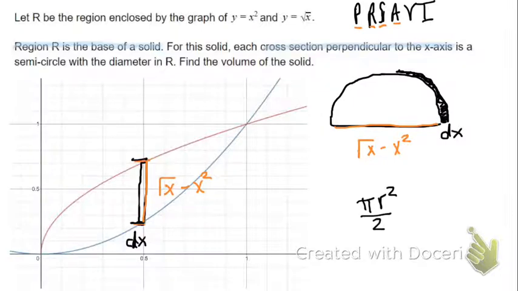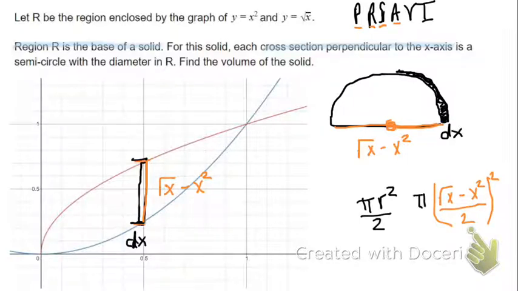So, let's see, what's the radius? Well, the radius is really there. So I'm going to have to take the root of x, subtract x squared, divided by 2, and that's my radius. What do I need to do with this radius? Well, I need to square it, and I need to multiply it by pi.